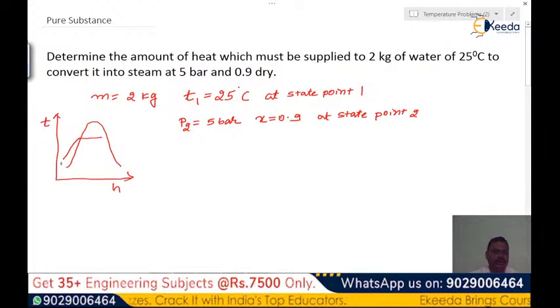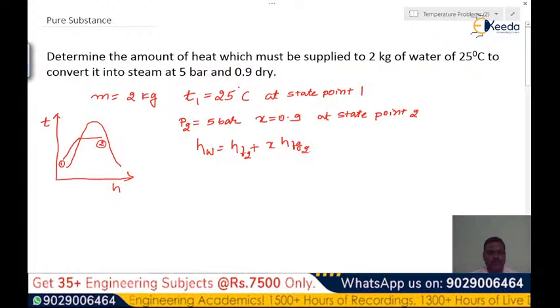So this is state point 1, and this is state point 2. Here the enthalpy of wet steam, HW, is equal to HF2 plus X into HFG2, right?